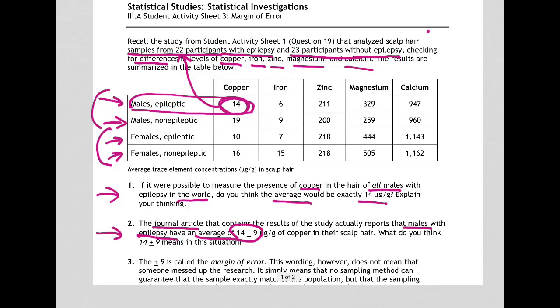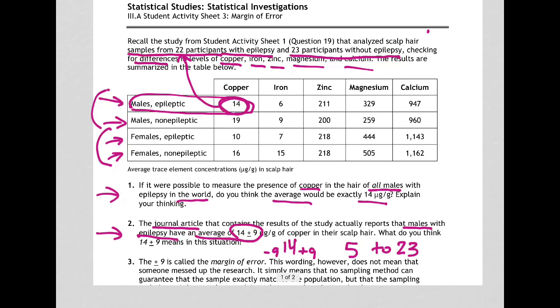So if we think about 14 minus 9 and 14 plus 9, it could be anywhere from 5 to 23. So basically, their margin of error is really high.